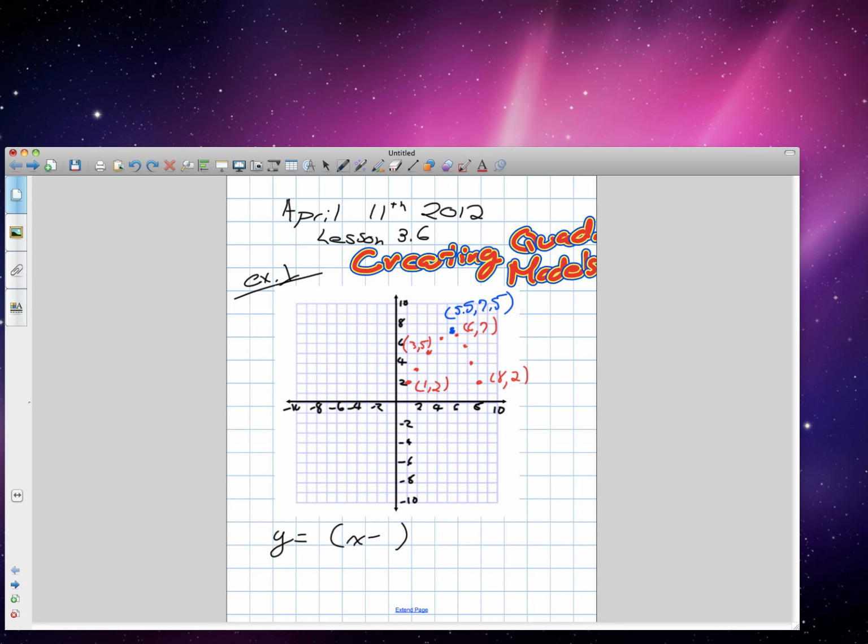So remember, we have our a, which deals with by what factor this parabola is stretched. h is the x value of the vertex, and k is your y value of the vertex. Okay? So our vertex in this one is 5.5 and 7.5, which are our x and y values. They're also the h and k value of what we're trying to find.